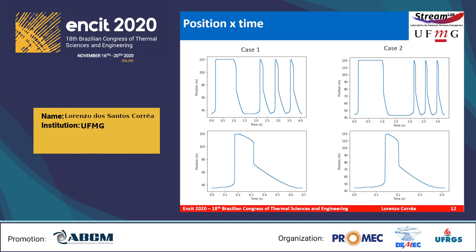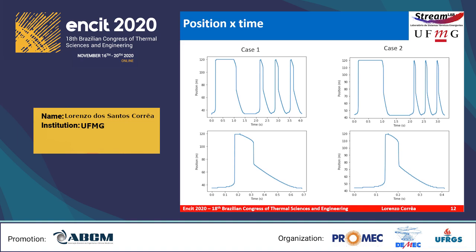In the upper figures, we have the whole simulation position, which is composed of a first cycle with predetermined time to establish start and end of the movement of the heat exchanger. Then the cycles are repeated until the system reaches a periodically developed state.